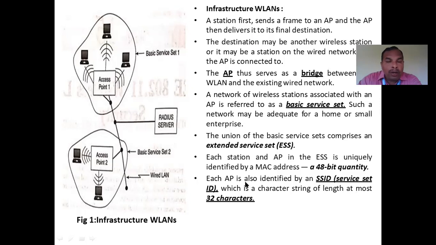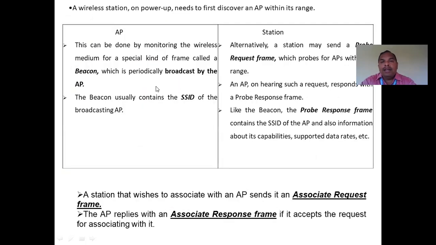We have one more item called the SSID, which stands for service set identification or identity, of length 32 bits. The access point usually acts as the bridge between the wireless LAN and the existing wired network. So this is about the infrastructure LAN. Here we have listed the differences between the access point and the station.